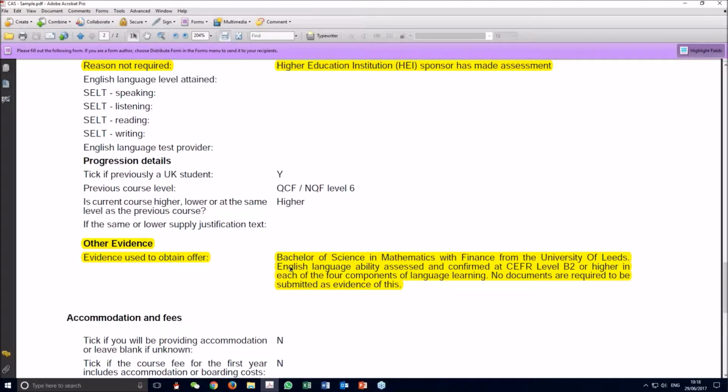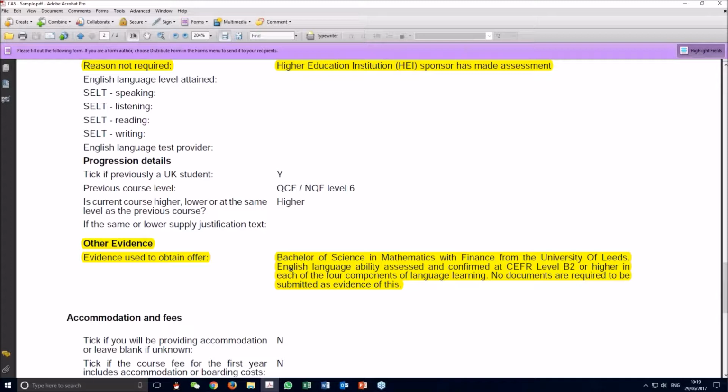So the evidence that we can provide, the best thing to provide, of course, is the degree certificate. Okay, other things may be, simply because your course is completed, but the official degree certificate has yet to be issued. So you haven't got the official degree certificate.